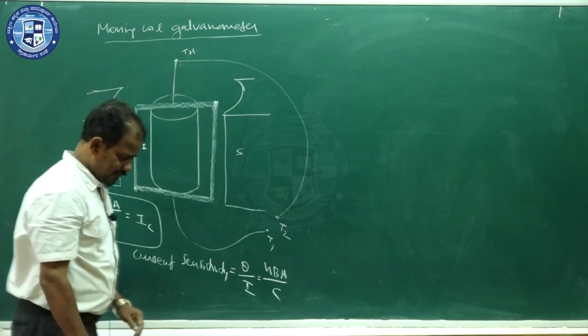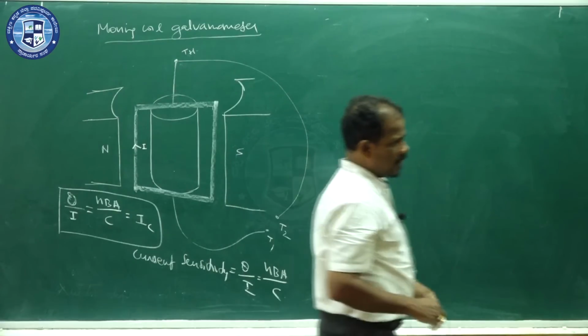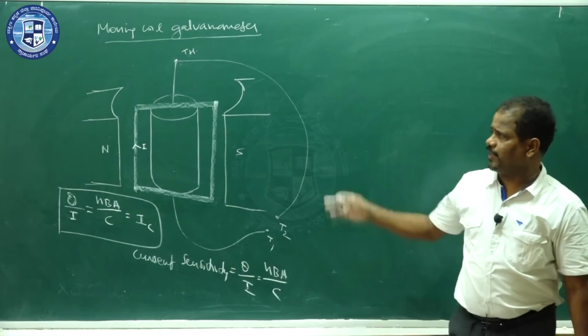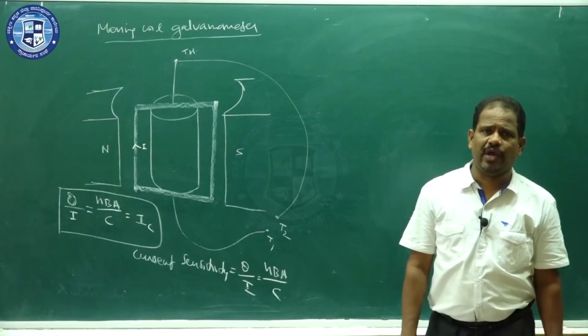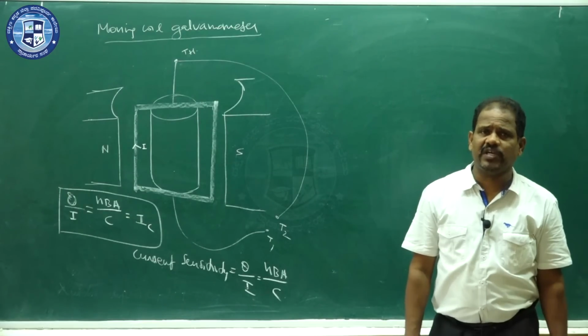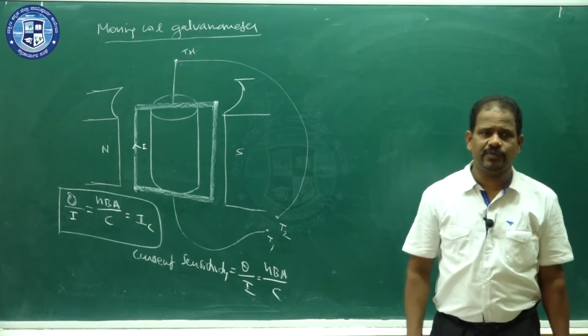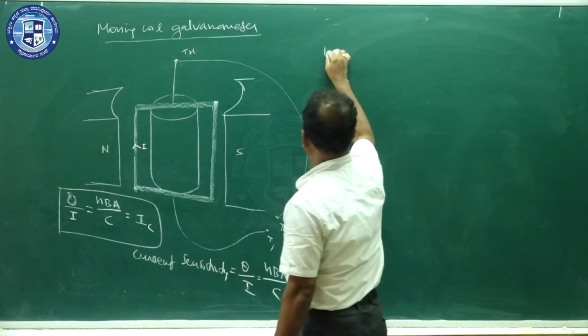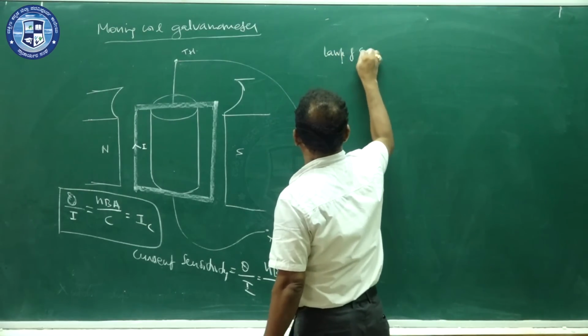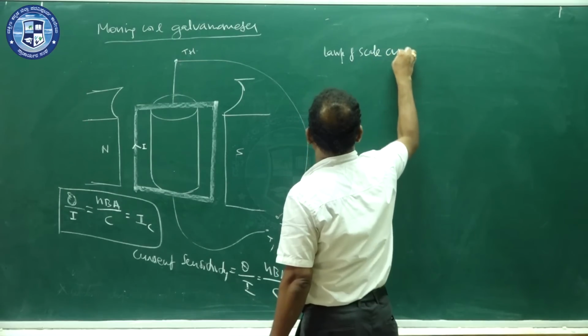Next is how you measure theta in the moving coil galvanometer. In the moving coil galvanometer, the deflection was measured with a very long process called the lamp and scale arrangement.